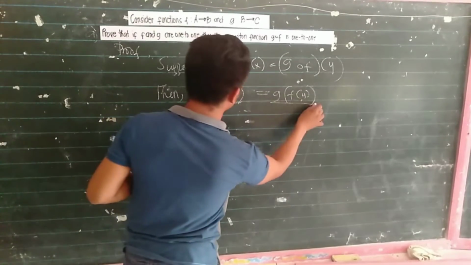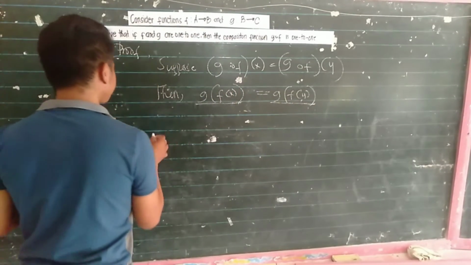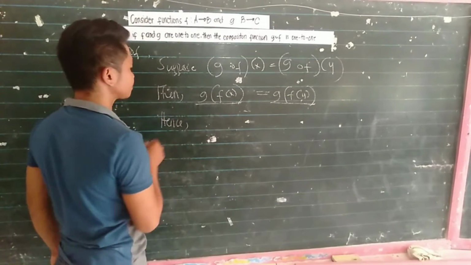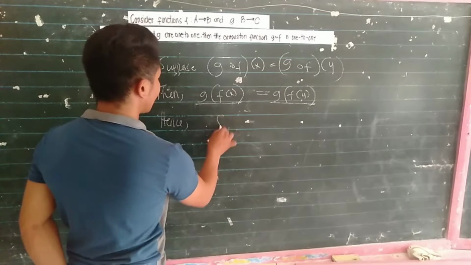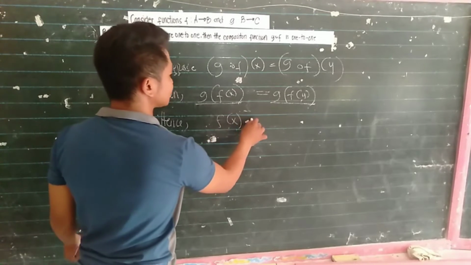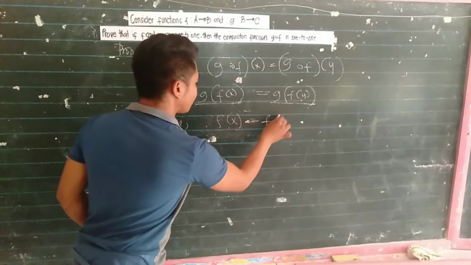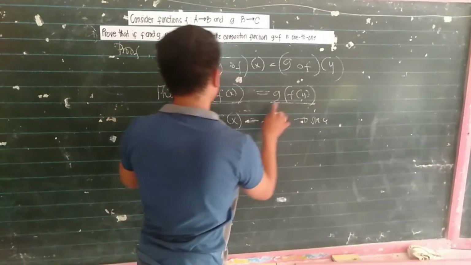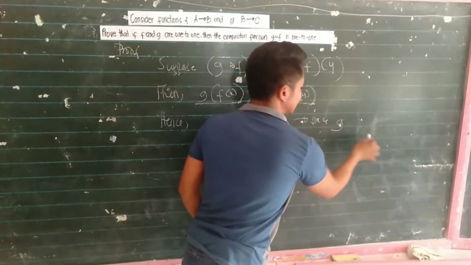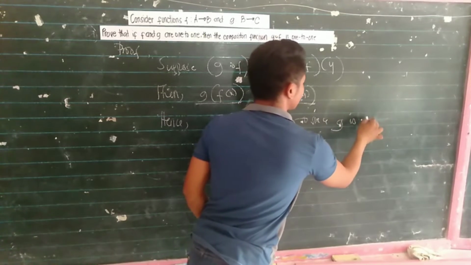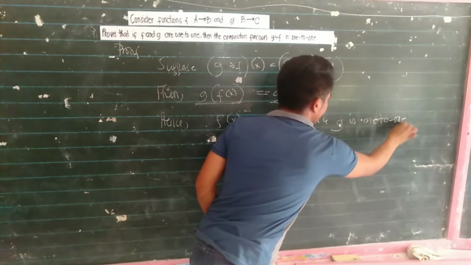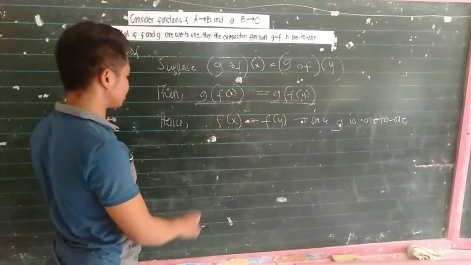Since they are equal, hence f of x is equal to f of y, since g is one-to-one. And we have this one.